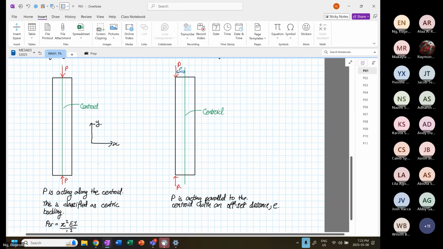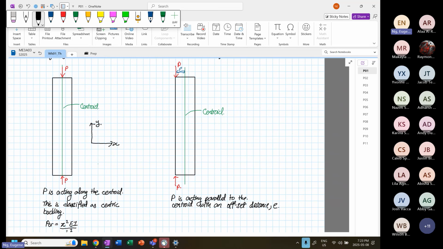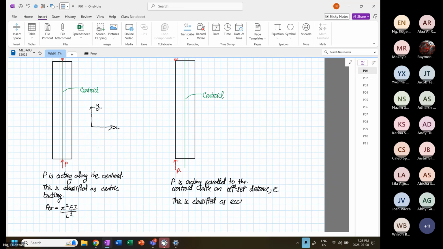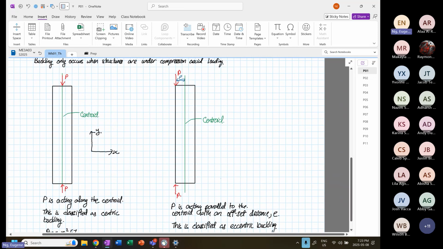When this is the case, this is classified as eccentric buckling. So they are not the same.